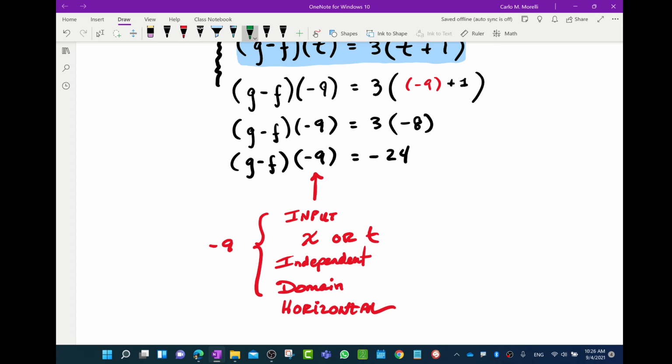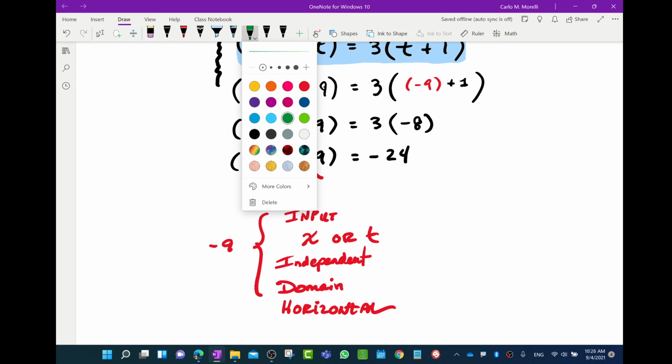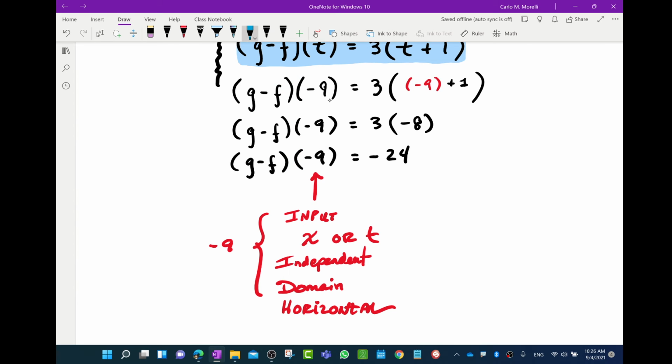Okay? Now, in a similar fashion, let's use blue. Negative 24 is the output value.